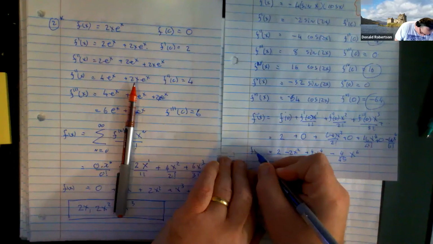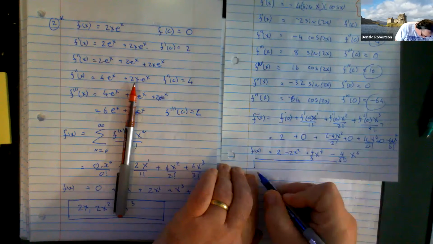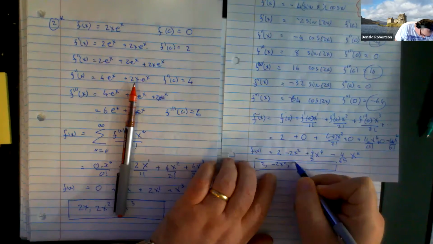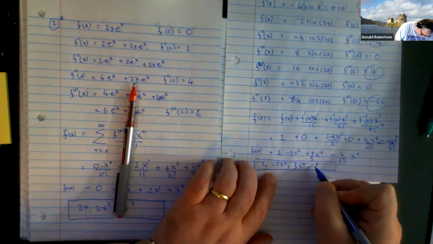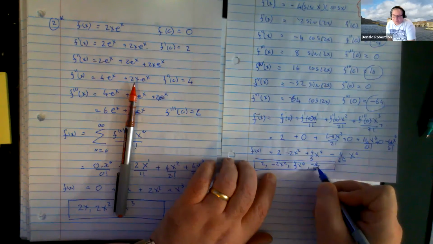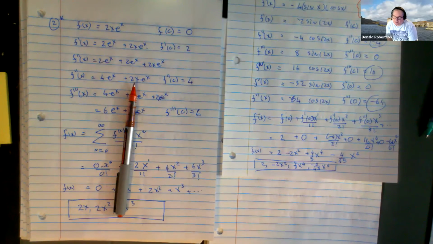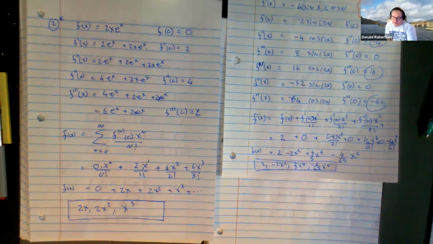But WebAssign wants you to write it as 2, comma, negative 2x squared, comma, 4/3 x to the 4, comma, and negative 4 over 45 x to the 6. Can you kind of understand what they want you to do when they say the first 4 non-zero terms of a Maclaurin series?